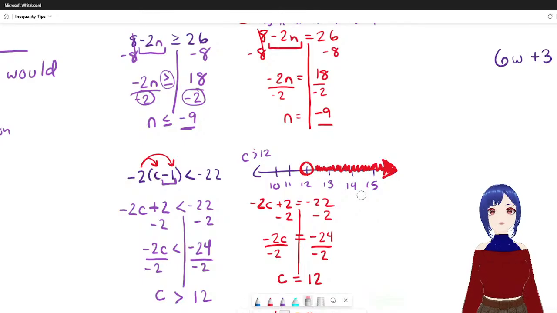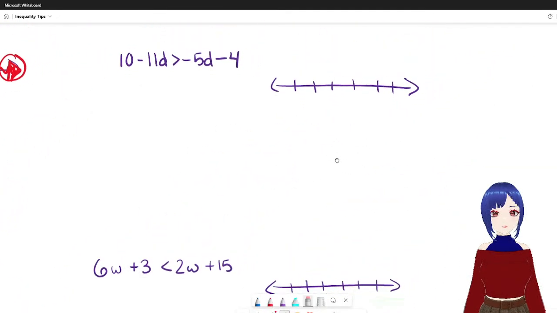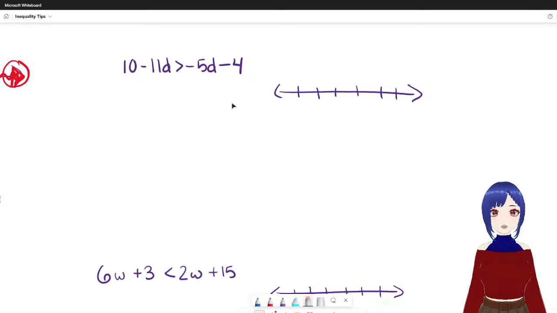So with these next two questions, we're going to cover my tip on making sure your variable's on the left-hand side. So here we have, in this one and the other one, a question with the variable on both sides.